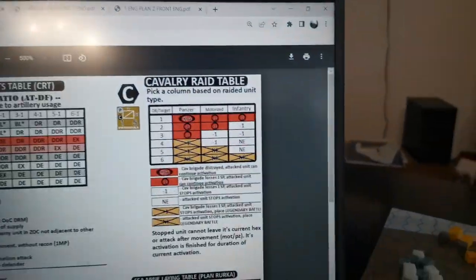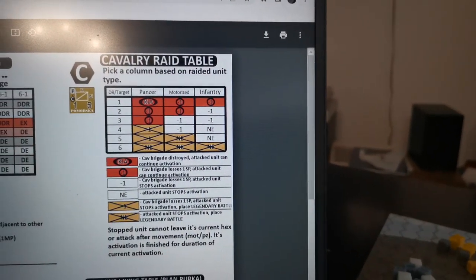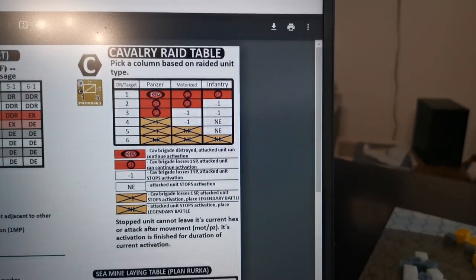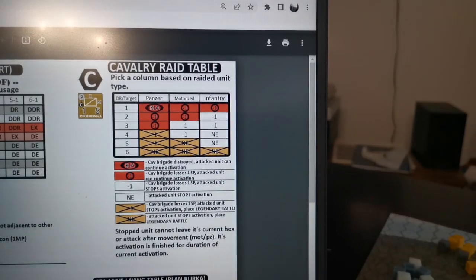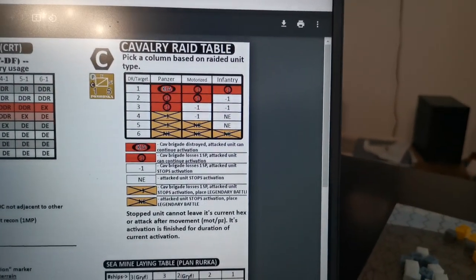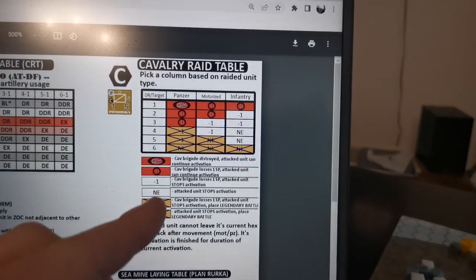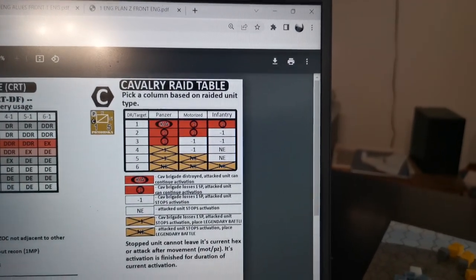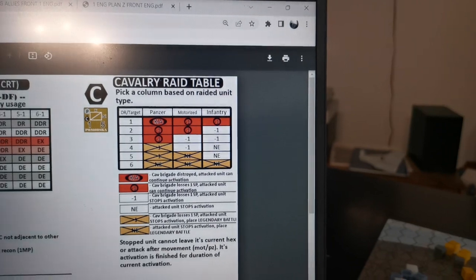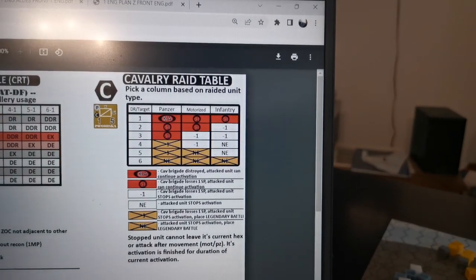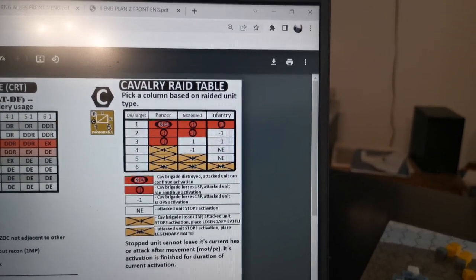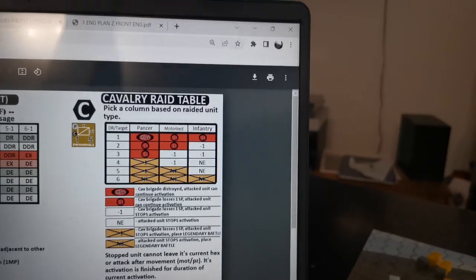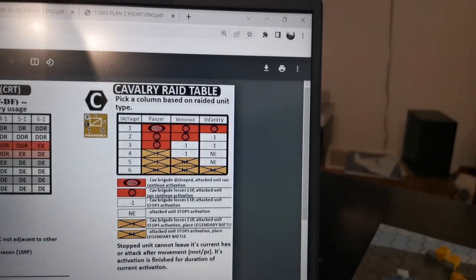And the table looks like this. We check what type of unit is trying to move within the cavalry zone of control. So it's a panzer unit, motorized unit, or infantry unit, and we roll 1d6 without any modifiers. And -1 means that cavalry loses a step, so the possibility of losing a step is really high.